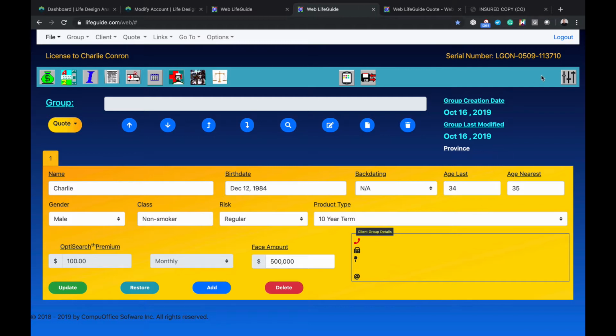I need to add here something, and that is that the arrangement that we have between Life Design Analysis and CompuOffice, where LifeGuide subscribers get the discount on their LDA fees, actually ends up in a situation wherein if you subscribe to both LifeGuide and LDA, you essentially end up getting LifeGuide at no cost, because of the difference in the cost for the LDA subscription.